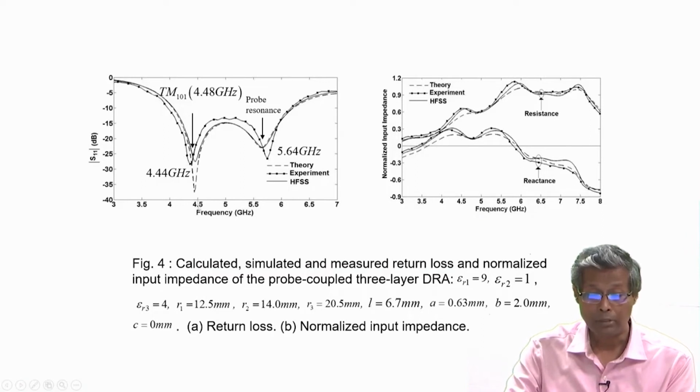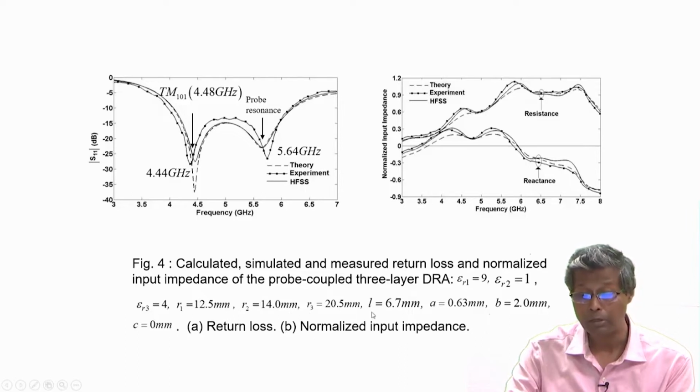So, you see that this is the coupling characteristics or the reflection coefficient characteristics of the probe coupled 3-layer HDRA with epsilon r1 as 9, the second layer permittivity 1, the third layer permittivity 4, R1 as 12.5 millimeter, R2 as 14 millimeter, R3 as 20.5 millimeter.